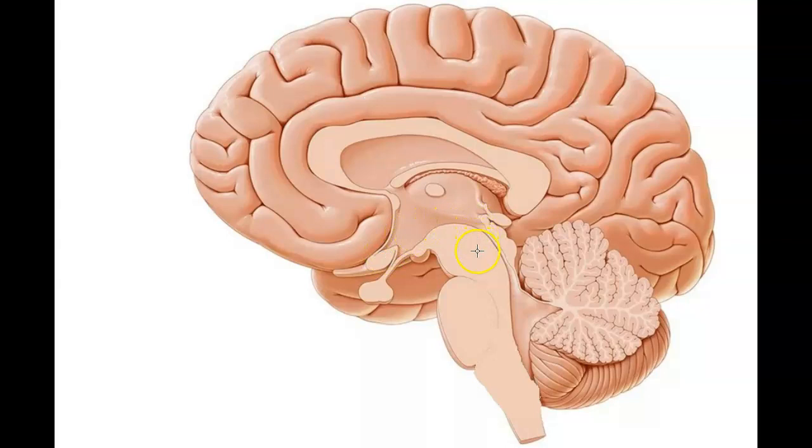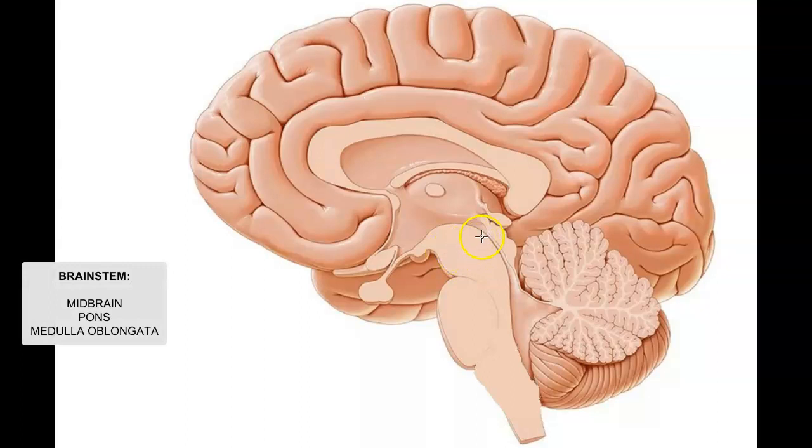When you come to this part of the brain, this is considered the brainstem, which consists of three parts: the midbrain, the pons, and medulla oblongata.